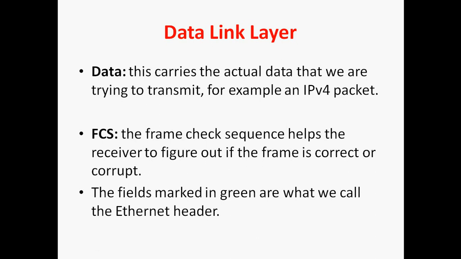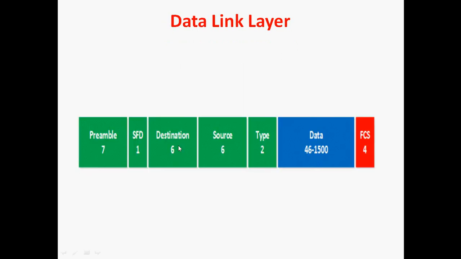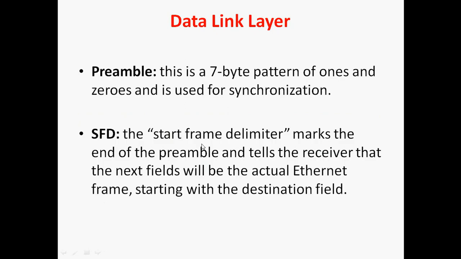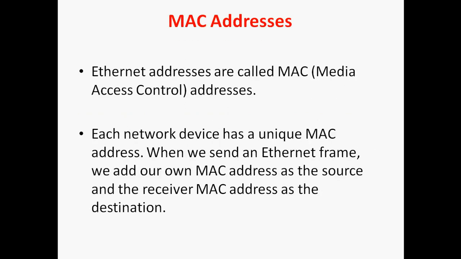This carries the actual data that we are trying to transmit, for example an IP version 4 packet. The last one is the FCS, frame check sequence, which helps the receiver figure out whether the frame is correct or corrupted. The fields I told you about, marked in green, are the actual Ethernet header.